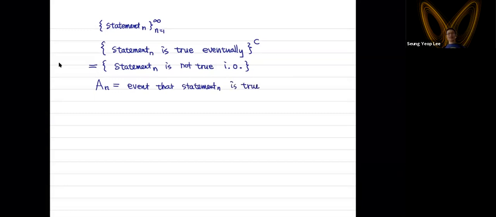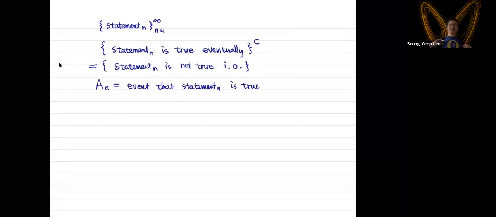So now it's an event, a subset of the sample space. It's a more familiar object that we can deal with. And then we write it this way: An eventually, that means statement n is true eventually.